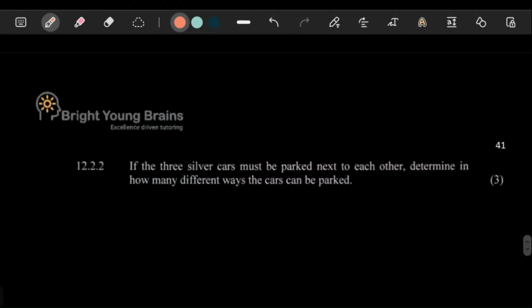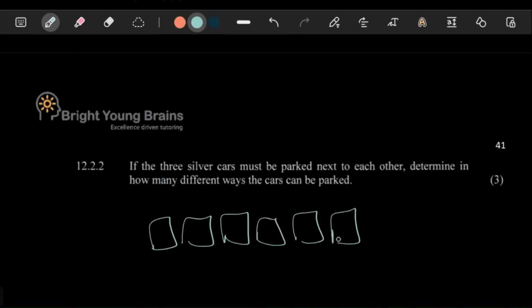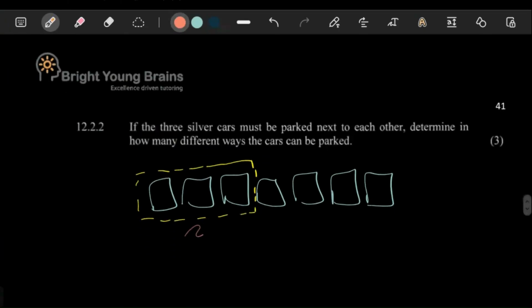12.2.2. If the 3 silver cars must be parked next to each other, determine how many different ways they can be parked. You have 7 parking slots. Because 3 have to be parked next to each other, you look at them as one object. So you'll be looking at 5 objects, which can be arranged in 5 factorial ways.